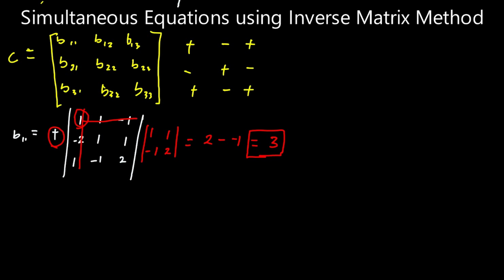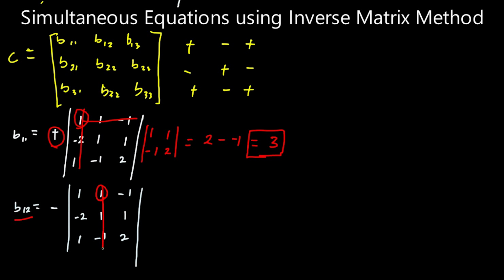We move ahead to B12. So for B12, again, the sign here is negative, so we have minus. So minus, we have our matrix 1, 1, minus 1, minus 2, 1, 1, 1, minus 1, 2. We again close down the row and the column that has the element B12, which is 1.